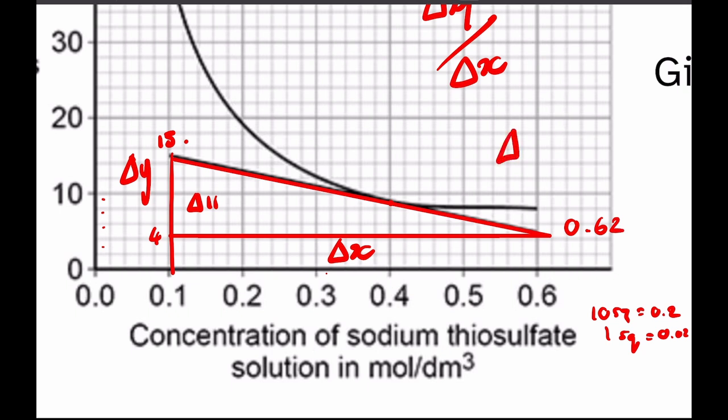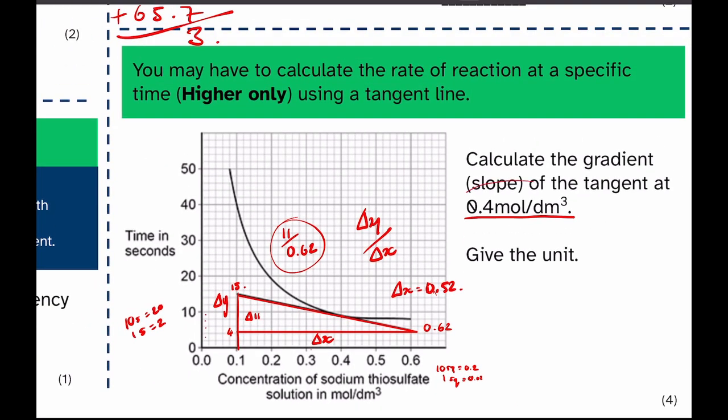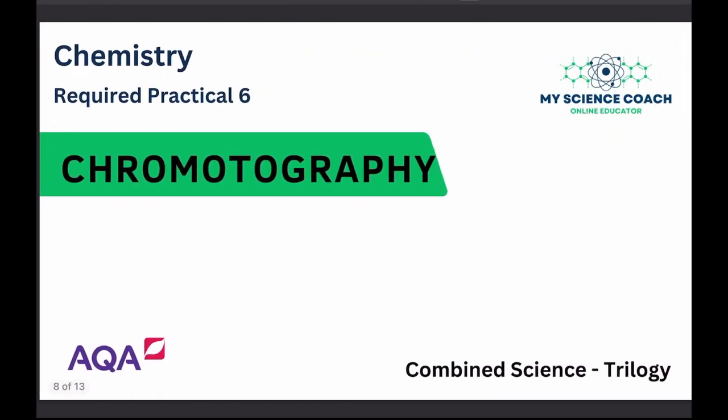So we've got a change in x which equals 0.52. So you just do your change in y, which is 11, divided by 0.62, and that would give you your rate of reaction for the exact concentration using the tangent. It's exactly the same as a mean as soon as you've drawn the tangent. It's just change in y divided by change in x.